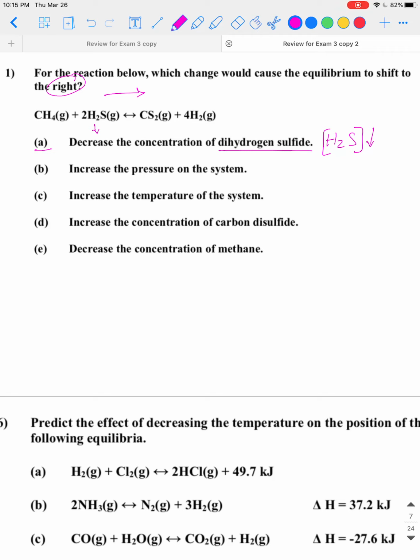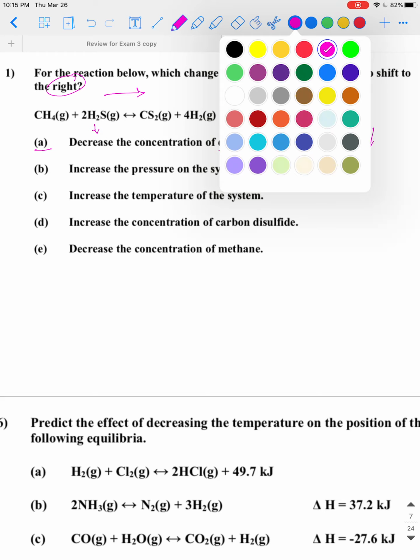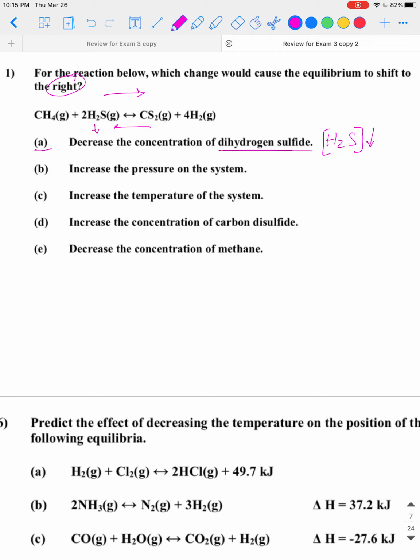We're taking away one of the reactants. So equilibrium is going to shift towards the reactants in this case. In this scenario, equilibrium would shift left and not right. So A is not going to cause equilibrium to shift to the right. It would cause equilibrium to shift to the left.